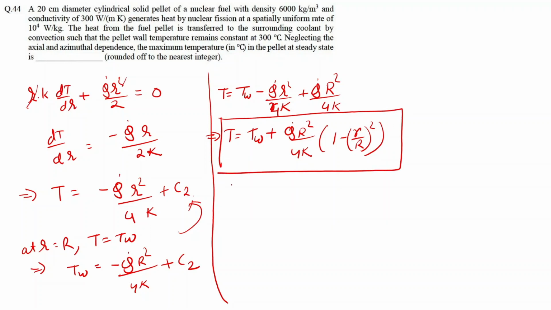Now for maximum temperature we can write that dT by dr is equal to 0. So we can just differentiate this equation and equate it to 0.